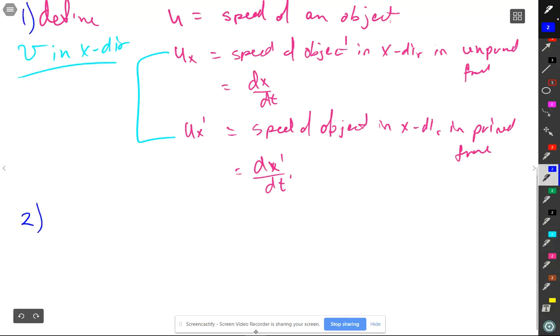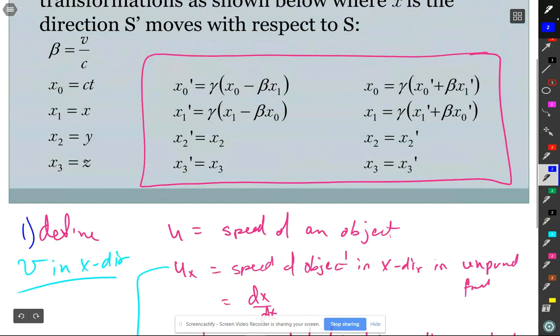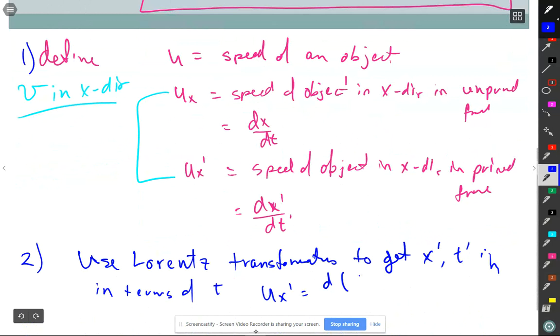The second step is use Lorentz transformations to get those variables in terms of t, so that I would have ux prime is equal to dx prime over dt prime, and using the x prime equation, that's gamma x1 minus beta ct.